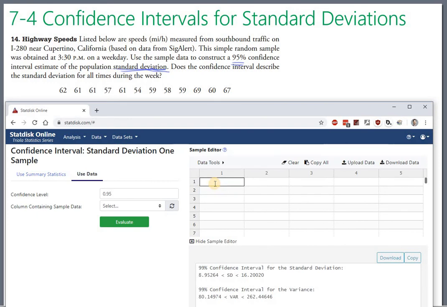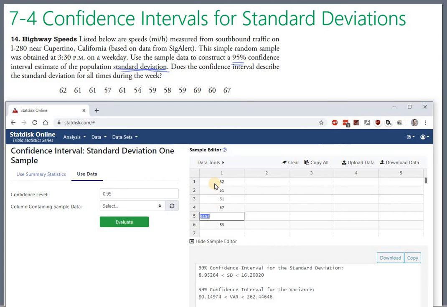All right, so here's the point where you should put the playback speed to 2x, because I'm just going to type these numbers in now. 62, 61, 61, 57, 61, 54, 59.